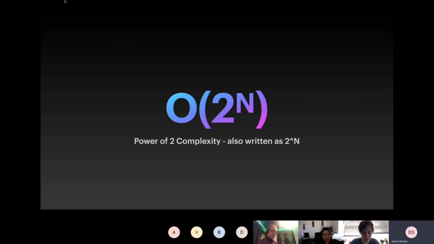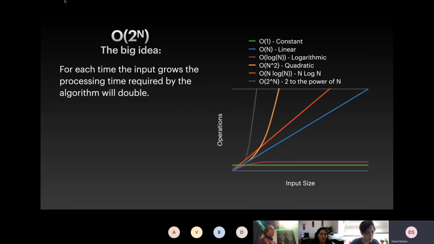Okay, and this is the last one we're going to cover. This is power of 2 complexity, or 2 to the n power. For each time the input grows, the processing time required by the algorithm will double. This is that gray line on your screen.